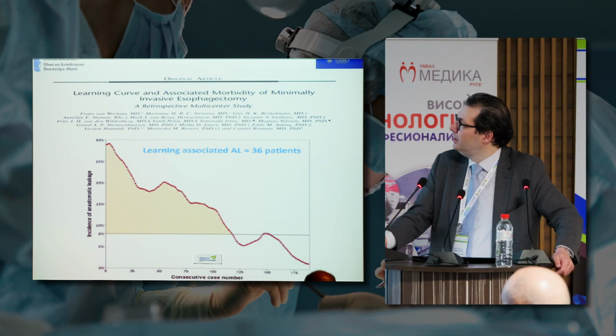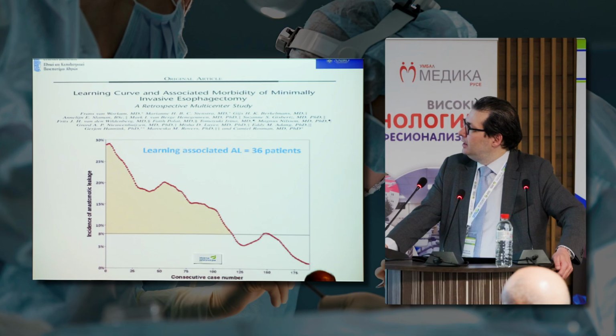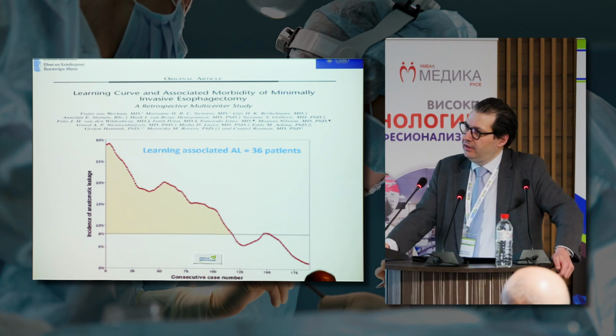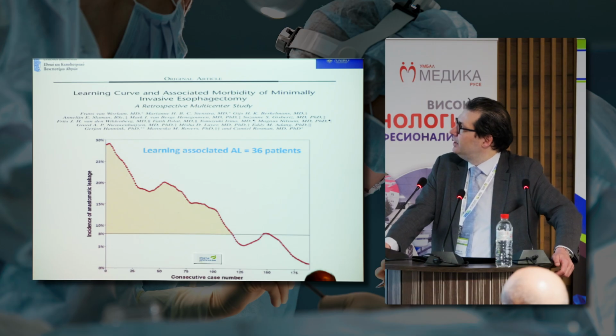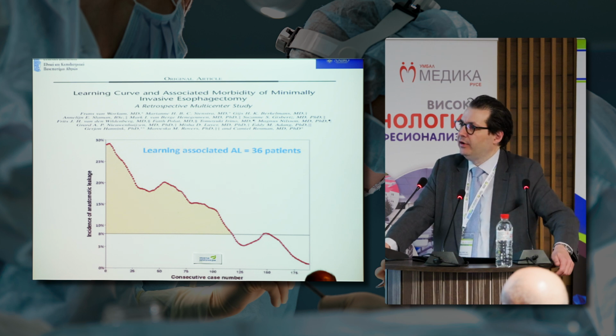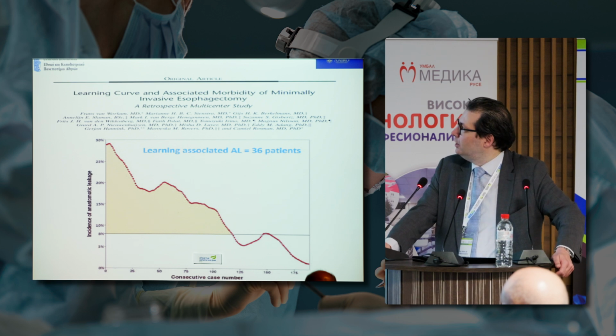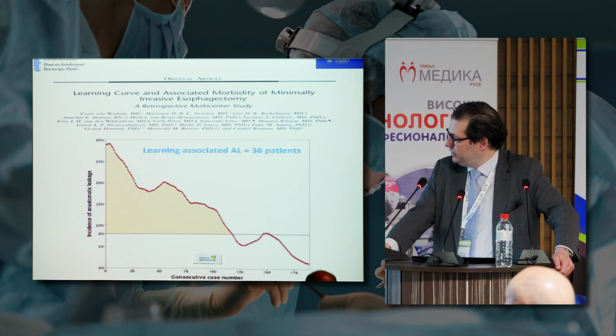And you can see here very well illustrated the area under the curve. These are the excessive anastomotic leak cases in a retrospective study from the Netherlands during the learning curve of Dutch surgeons in a minimally invasive esophagectomy program.